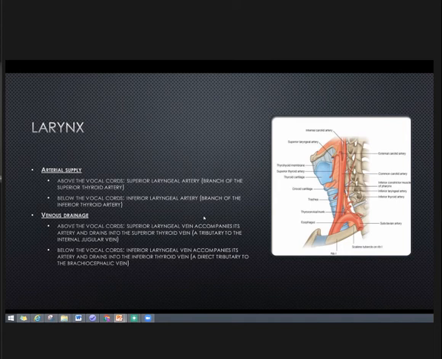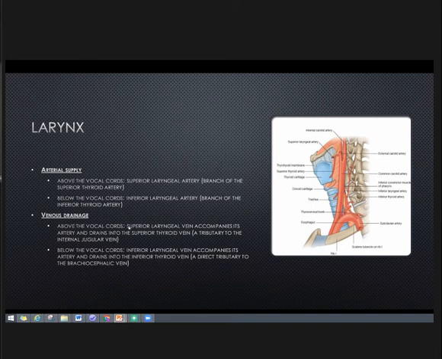So here is the arterial supply and venous drainage of the larynx. Above the vocal cords, it is supplied by the superior laryngeal artery, which is a branch of the superior thyroid artery. And below the vocal cords, it is supplied by the inferior laryngeal artery, which is a branch of the inferior thyroid artery.